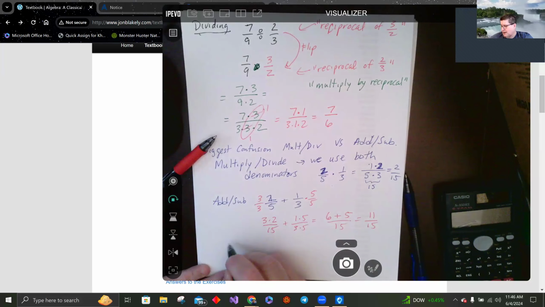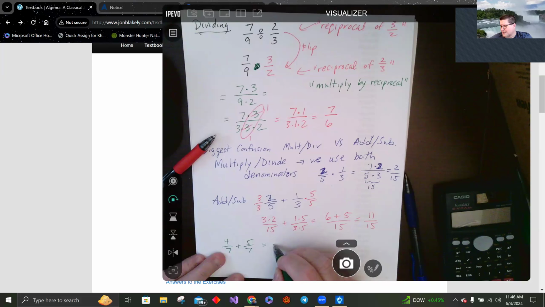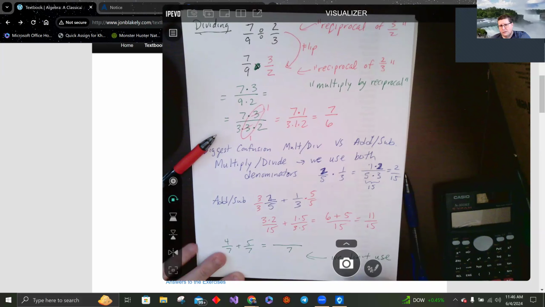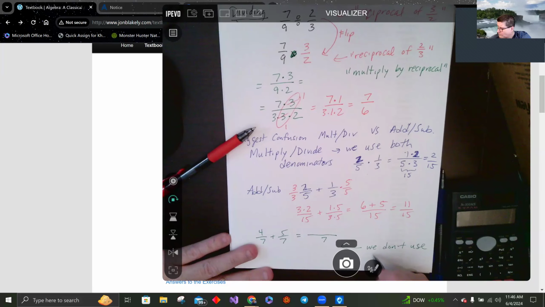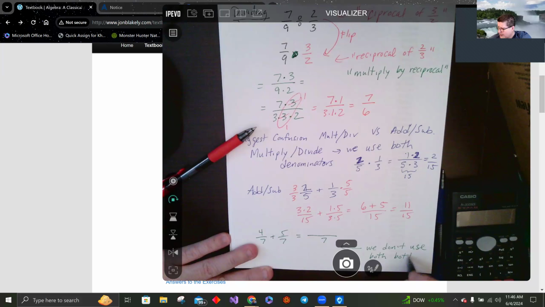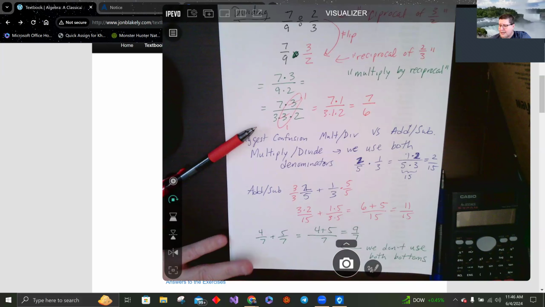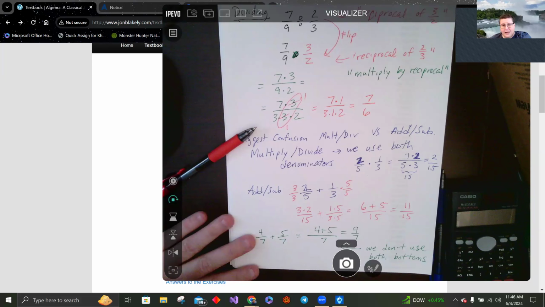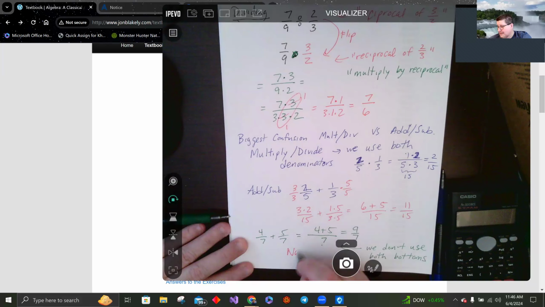Common denominator. 4/7 plus 5/7. When the denominator is the same, we don't use both denominators. I'm going to write bottoms because denominator is not going to fit there. So pay attention for that. When you add or subtract and you have a common denominator, you only have this number once. You're not adding 7 plus 7 here. Don't do that.